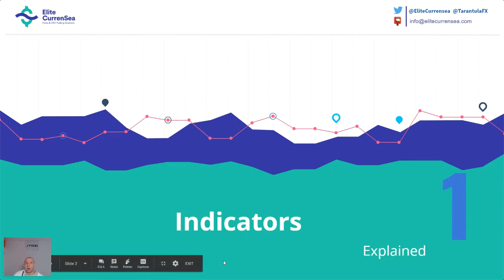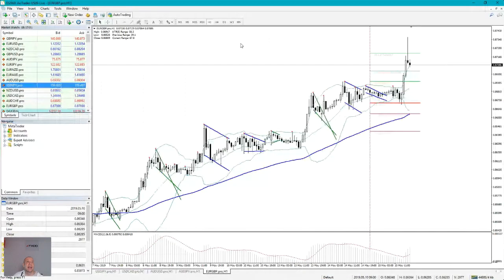Okay, so the indicators that we are going to be talking about are on my template, and I will open the template right away. Give me a few seconds. So this is it. This is the template. Our template consists of several indicators that you are going to be using in your trading.